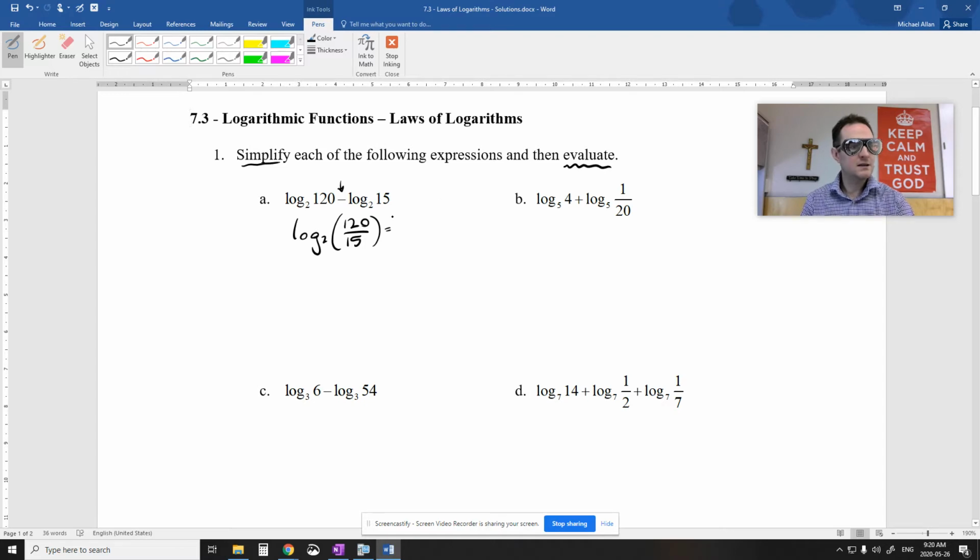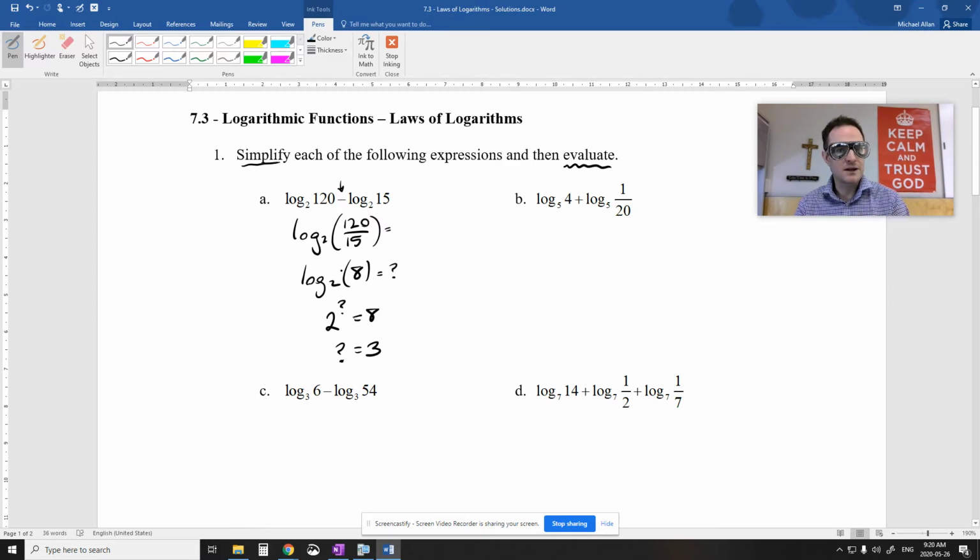I get 8. So log base 2 of 8 is equal to question mark, right? You can plug this in your calculator, or you can think about it logically. This would be 2 to the power of question mark, putting it in exponential form, is equal to 8. So what number would I have to put in that exponent to make this equal to 8? This is going to be equal to 3.